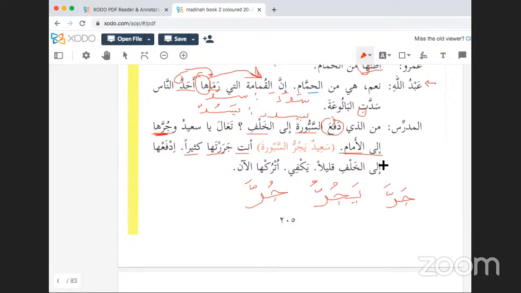And here he said, تعال يا سعيد وجرها إلى الأمام. Pull it forward. So this is فعل أمر. How do you make this فعل أمر?